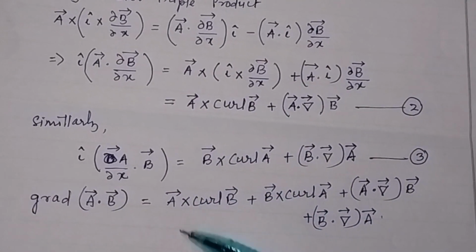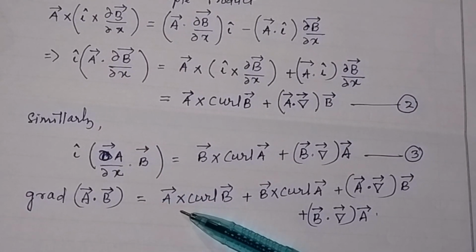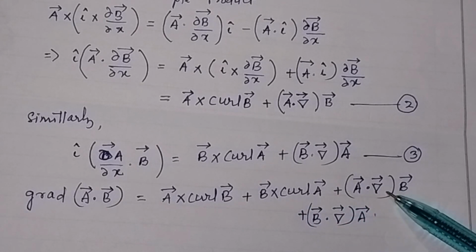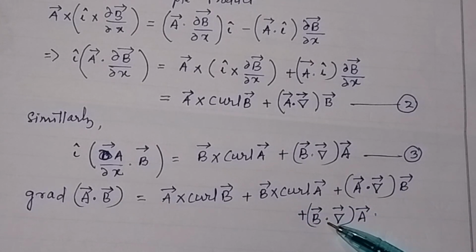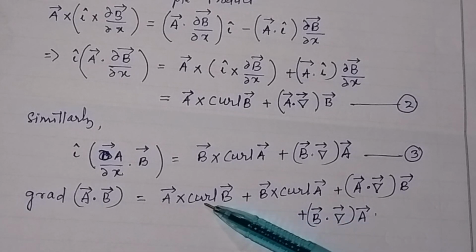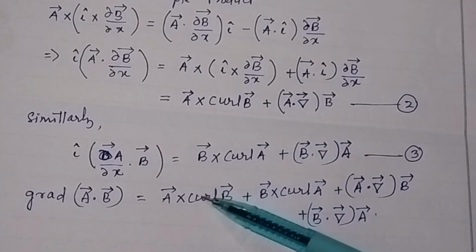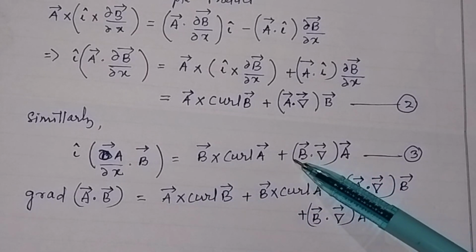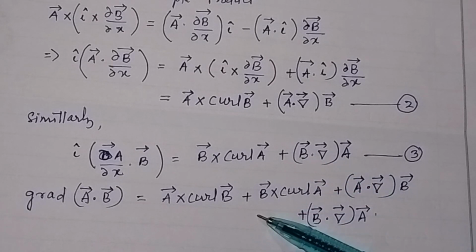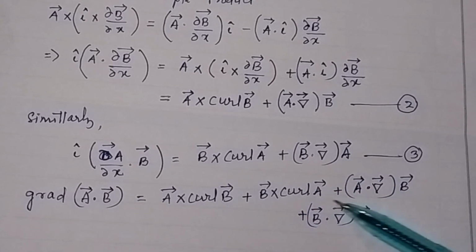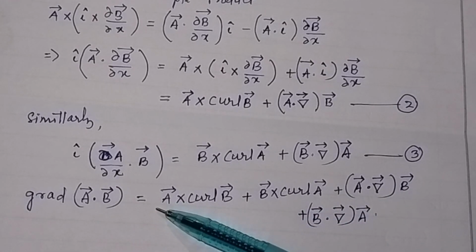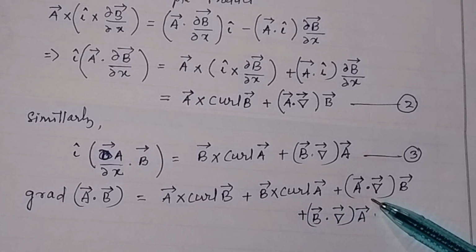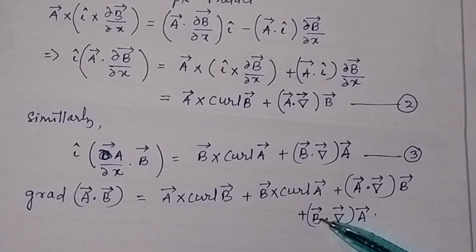So the gradient of A dot B will be equal to A cross curl B plus B cross curl A plus A dot del operator B plus B dot del operator A. And this we have found only for the x component, and this will similarly be found using the y component and z component, and if you add the three components you will get this result, that is gradient of A dot B equal to A cross curl B plus B cross curl A plus A dot del operator B plus B dot del operator A.